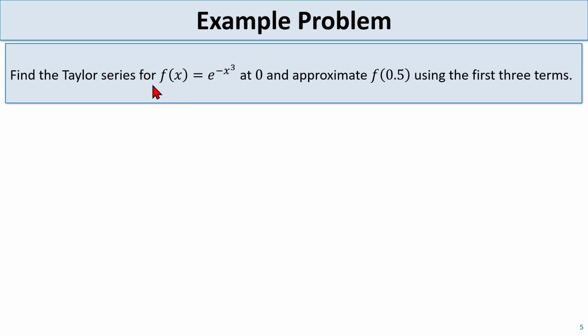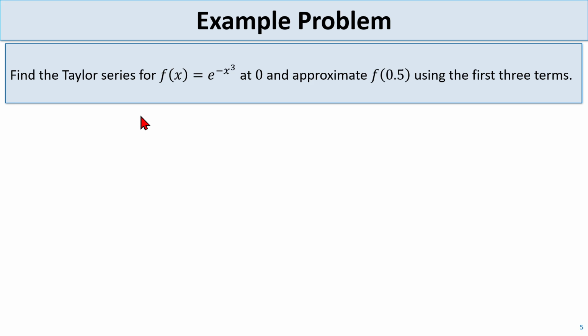We're going to find the Taylor series for e to the negative x cubed at x equals 0. And we're going to approximate the function at x equals 0.5 using the first 3 terms. One way you could do this is by using our definition of the Taylor series, calculating a bunch of derivatives.